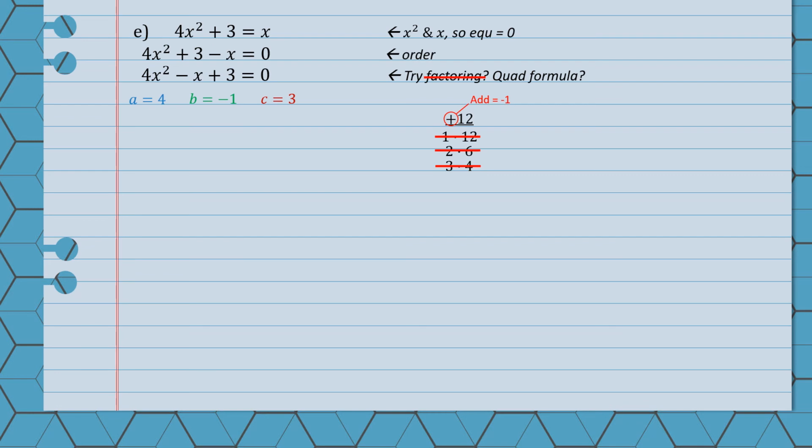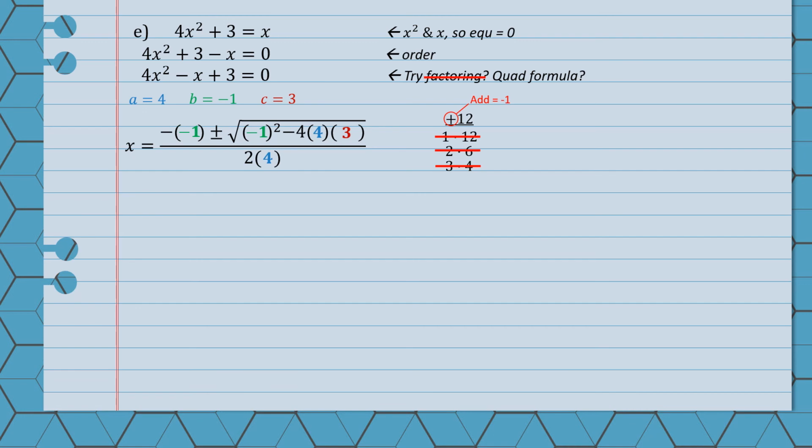From here we plug the values into the quadratic formula. So x equals negative, plug in your b, which is negative 1, plus or minus the square root of negative 1 squared minus 4 times 4 times 3 all over 2 times 4.